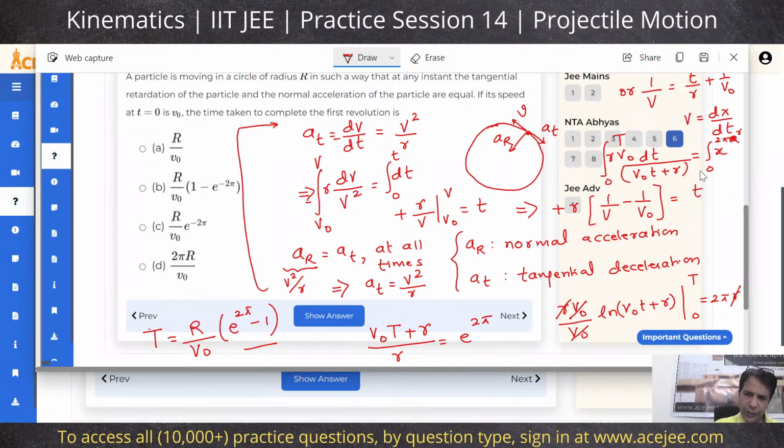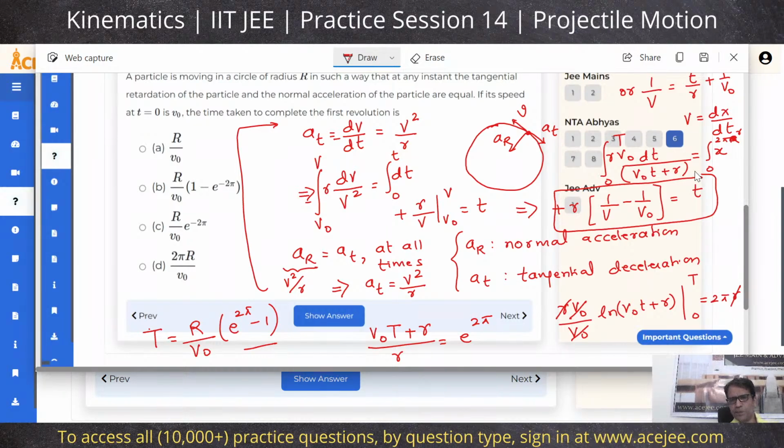Just check this expression. So r times 1 by v minus 1 by v0. See, you missed out the minus sign when you integrated 1 by v square.